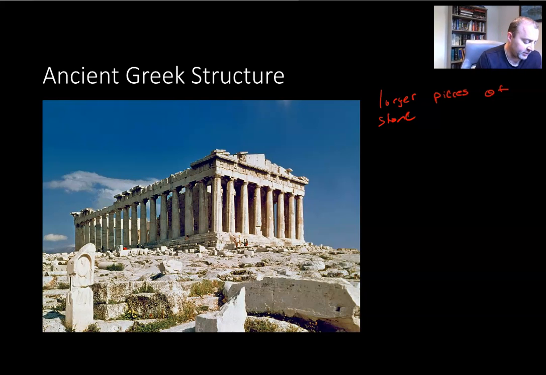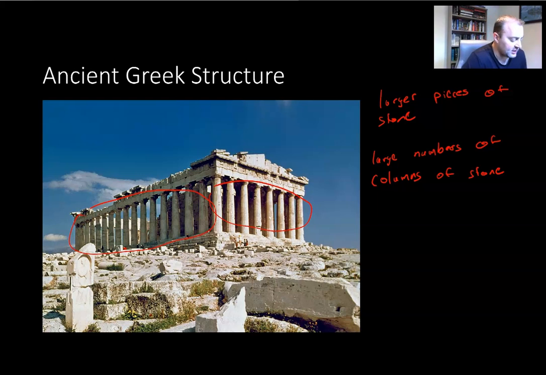It's unclear what the roof is made of, but what we have here is deliberate columns, a large number of columns of stone, and these are lined up. So they're lined up to form not exactly a wall, but definitely to provide support for the roof of this very large building. Again, the roof is gone, but you've got these large columns of stone that were there to provide support for the roof.